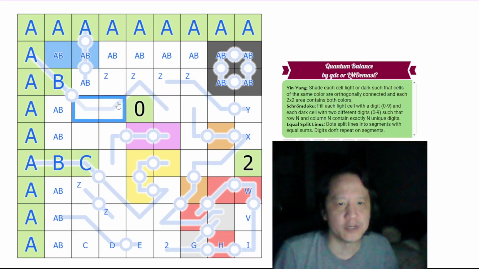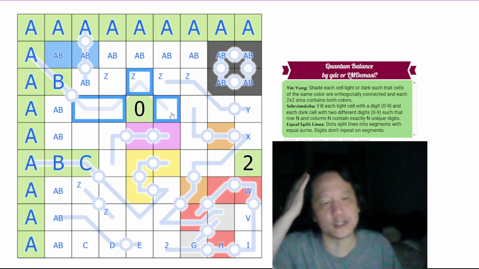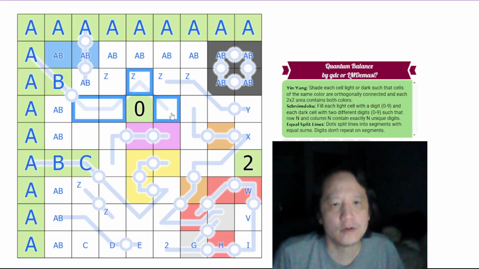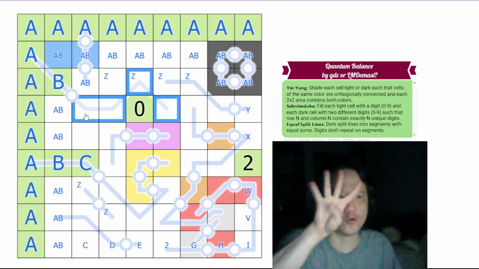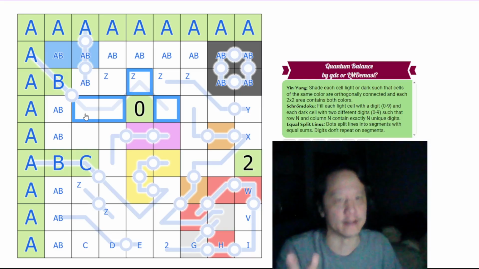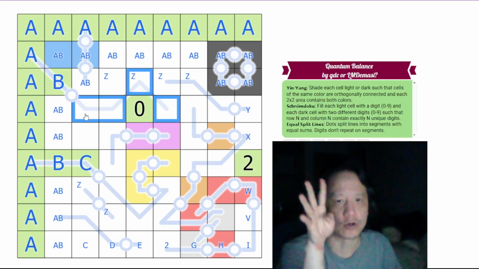Oh, there's no repeats here. There's no repeats here. Along this entire segment, and it's 4 cells long. If we try to not have green there, it's not going to work.